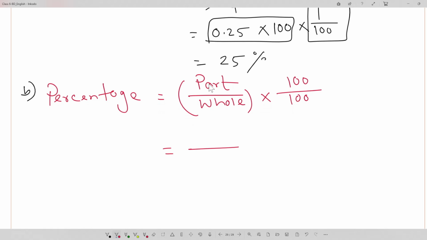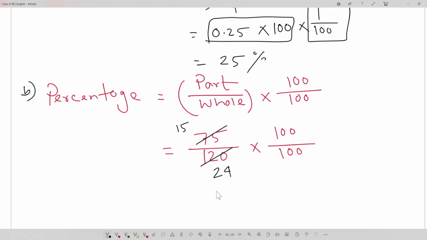So part is 75 and whole is 120, times 100 and 100. So what will be the answer? We can divide this one by 5. So 75 by 5 is 15 and 100 by 5 is 20. So 120 by 5 will become 24, right? So 15 by 24.